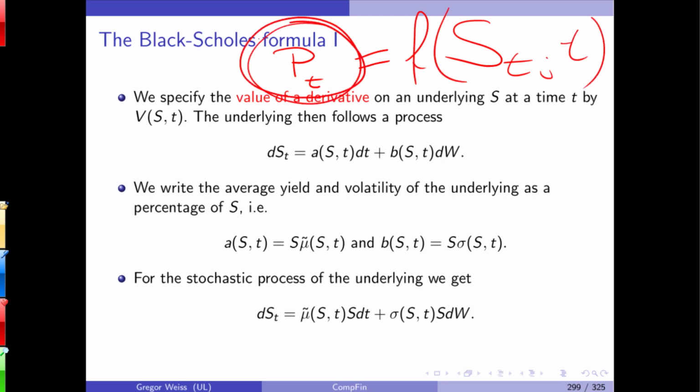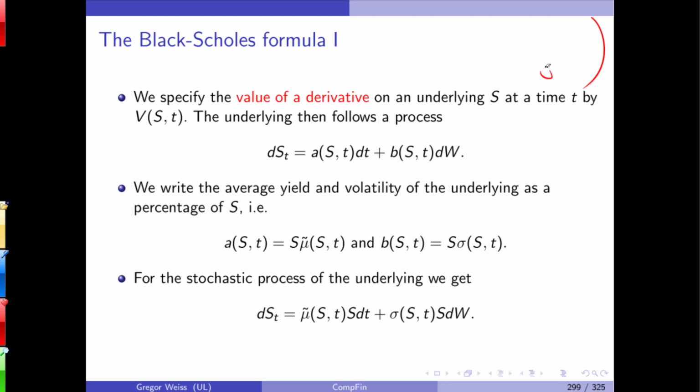We are only interested in the derivative price. That's why we need a generic function f in S_t and t. We are looking for the value, the price of a derivative, on an underlying stock, S_t, at time t. So, we have V as a function in S and t.